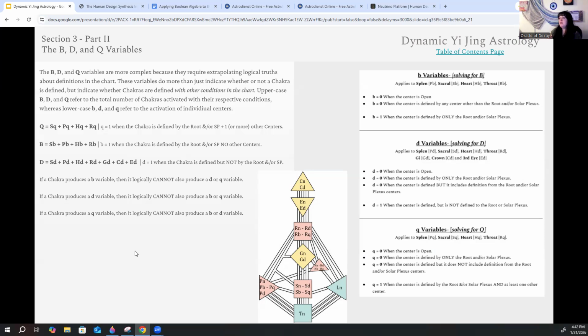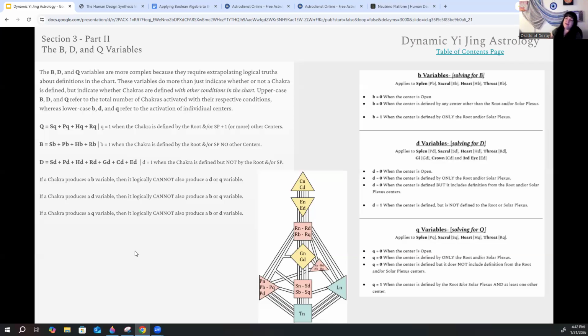Any other instance of definition or openness is 0. The D variable is just looking for any centers that are defined but are not defined by the root or solar plexus. So D is only 1 when a center is defined, but it's not defined by the root or solar plexus. And then the Q variable is only 1 when the center is defined by the root and/or solar plexus and at least one other center.